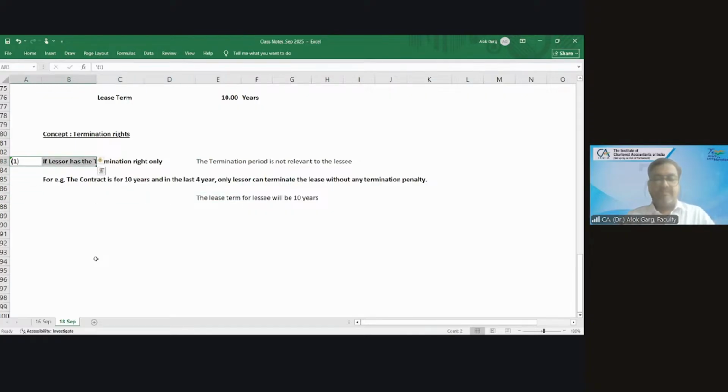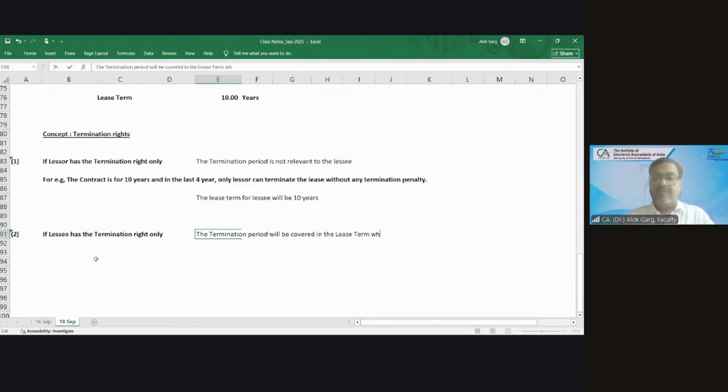Second, if lessee has the termination right only, then the termination period will be covered in the lease term when?